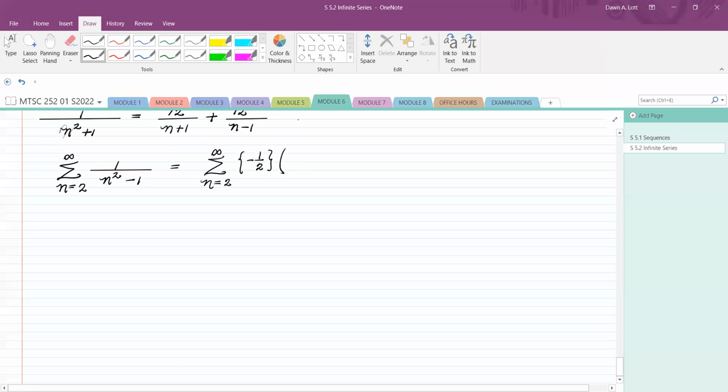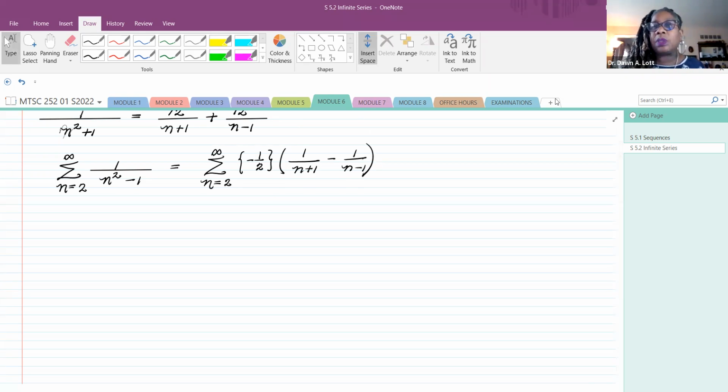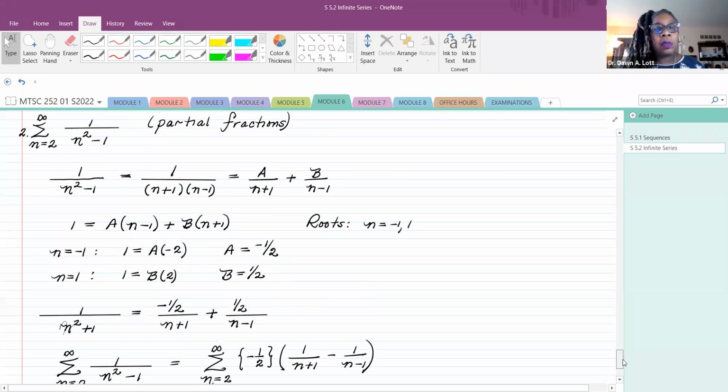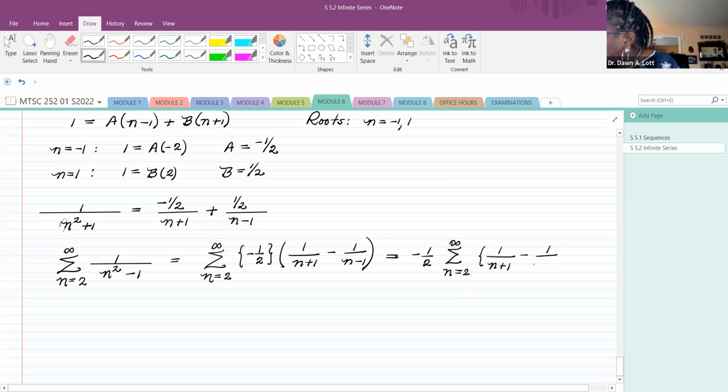And then I end up with 1 over n plus 1 minus 1 over n minus 1. Okay, so we pulled out the negative 1/2. All right, so I'm going to pull it completely out. And so now I get negative 1/2 times the sum n equals 2 to infinity, and then inside I get 1 over n plus 1 minus 1 over n minus 1.